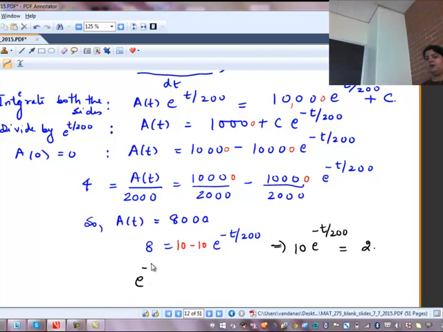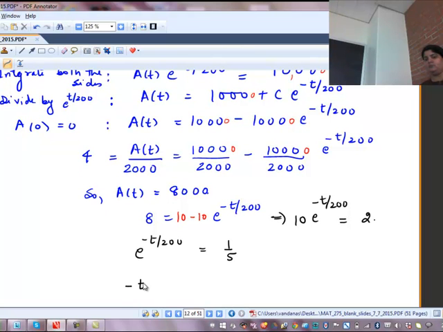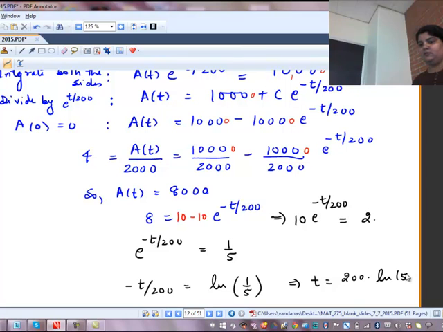So e to the power negative t over 200 is 1/5, and then you can just take ln. Ln of 1/5, or the other way round, implies t equals ln of 5 times 200. And this is in minutes.